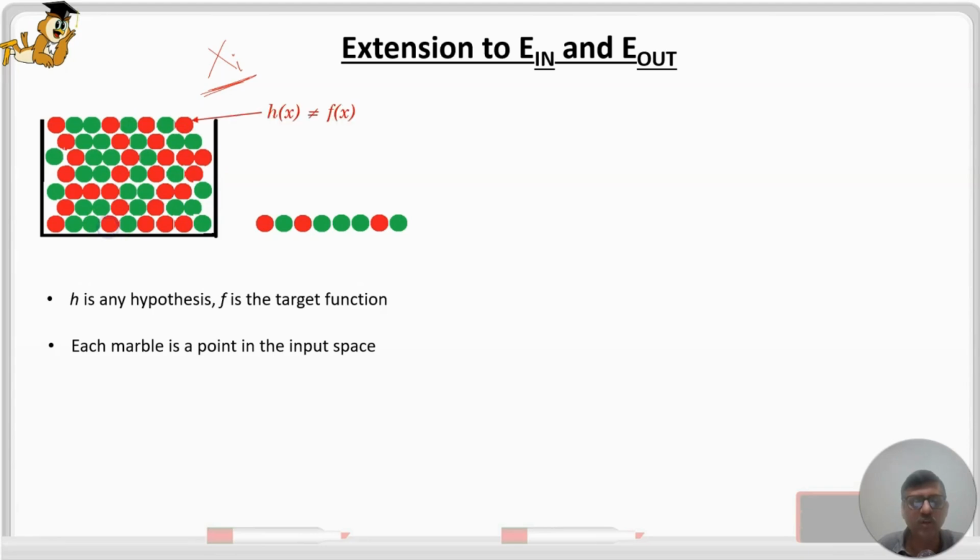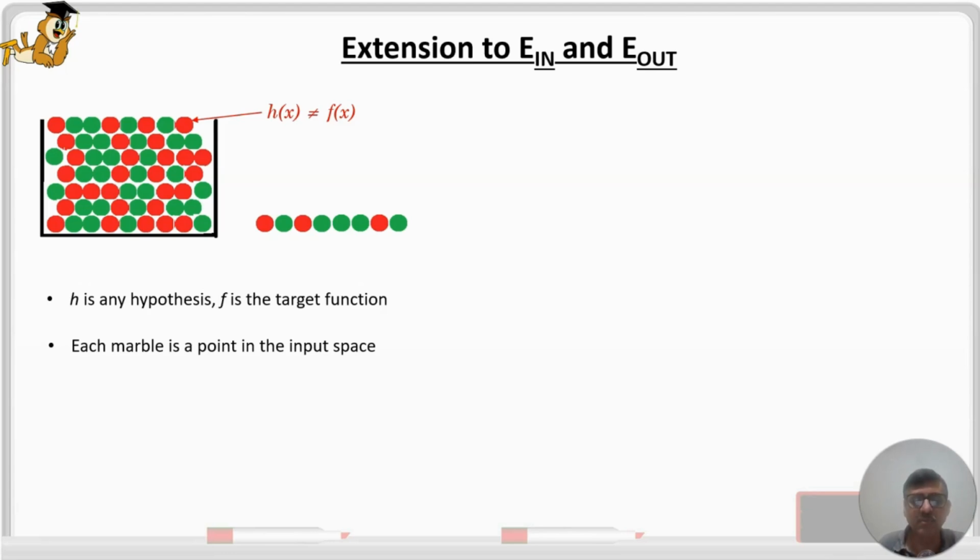Now what we are going to do is color the marbles in a specific way. All the marbles where the output of H does not equal the output of the target function F, we are going to color red.